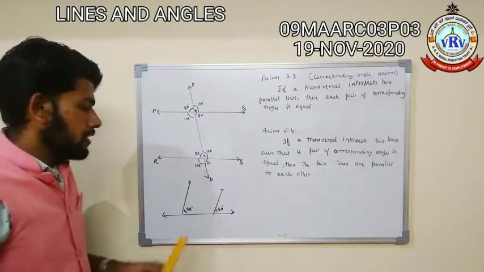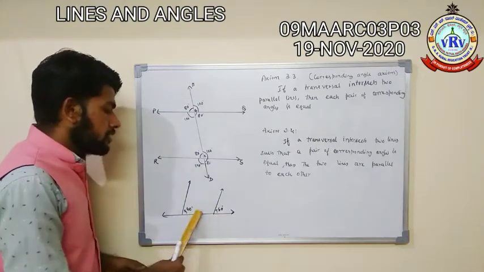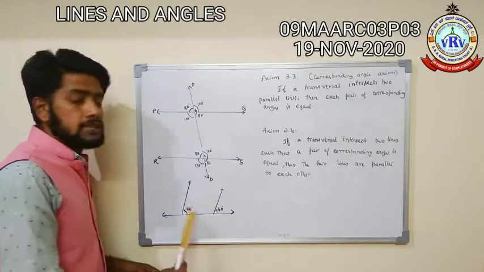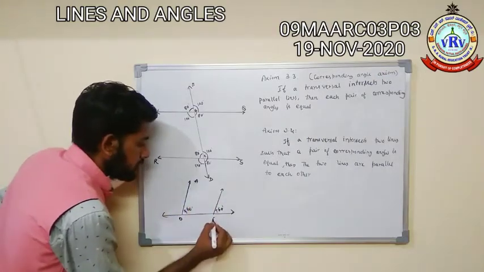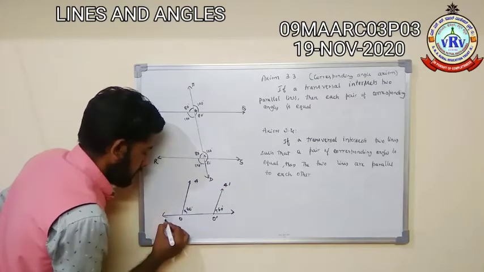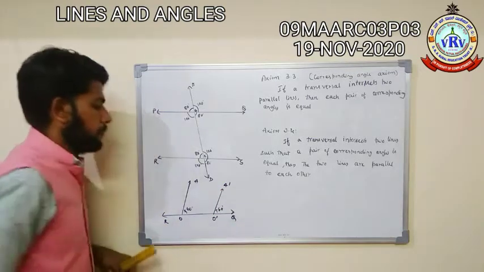Okay, it's also making 60 degrees. Now you can see these are two angles at different points, with different rays OA and O'A', and the line RQ.